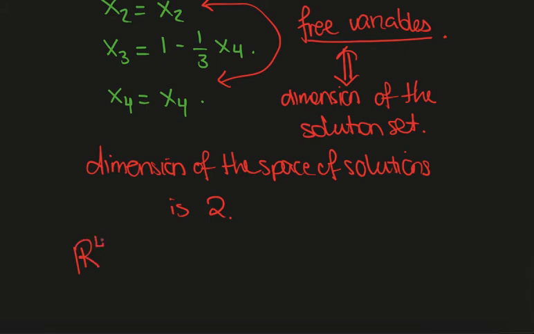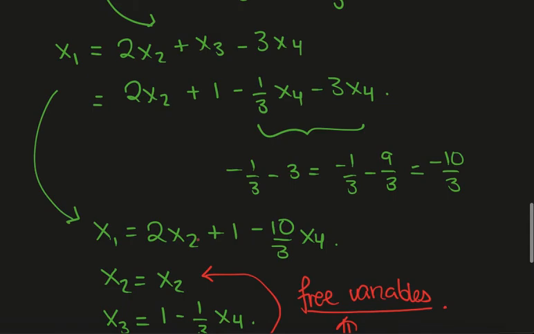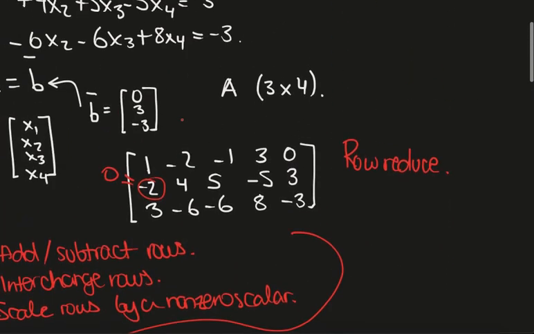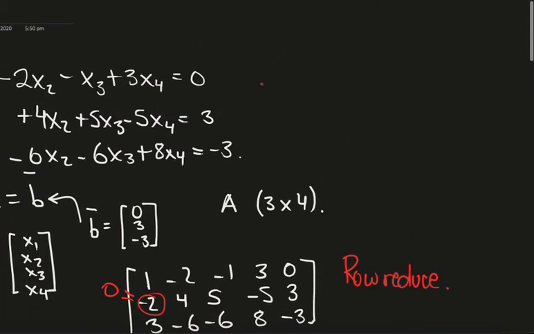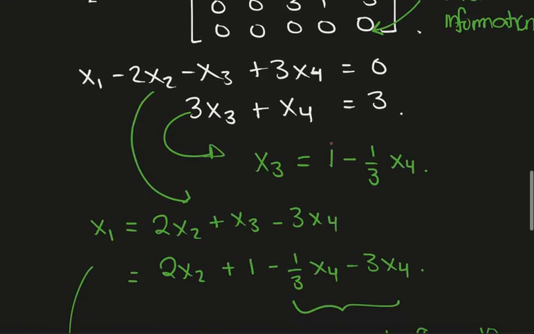We start in R4. Now, if we look at the original system, we imposed 3 equations. But remember, every time we impose a linearly distinct equation, whatever linearly distinct means, we cut the dimension down by 1.